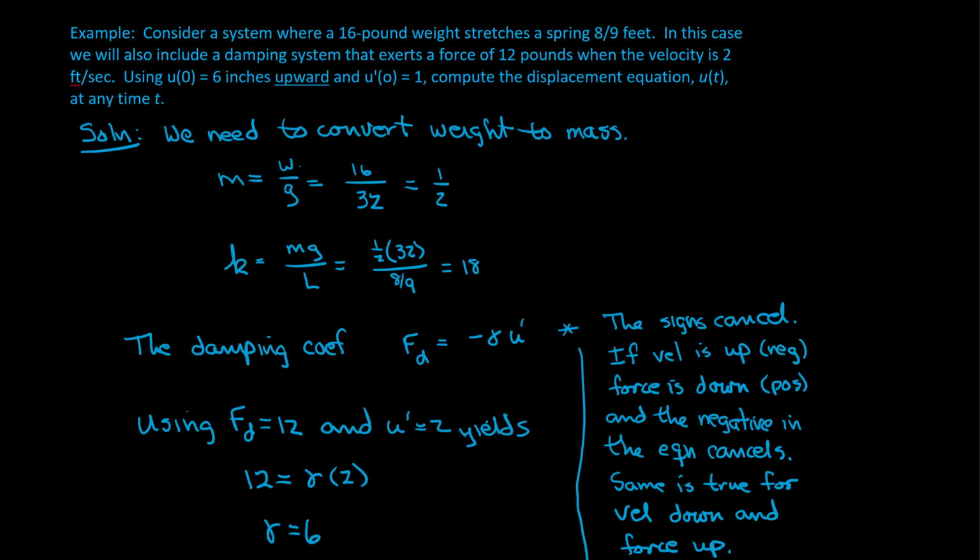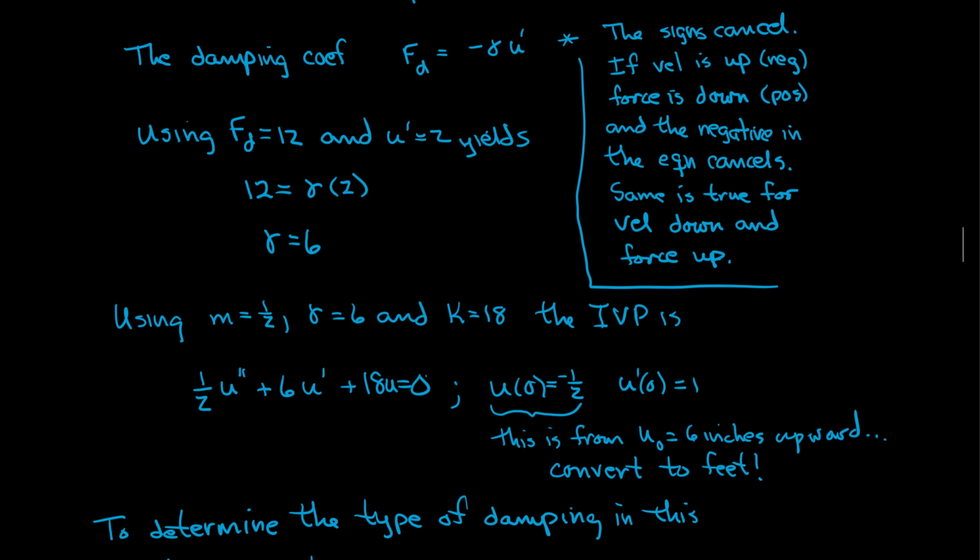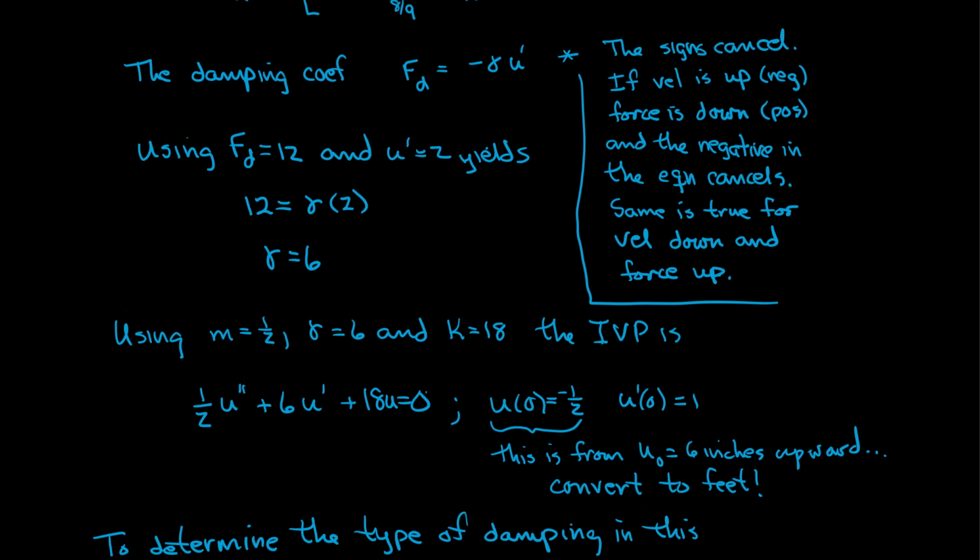Okay, the damping force is going to be the negative of gamma times u prime. Now, something here to realize. Anytime we're actually computing the damping force, the sign on the u prime and the negative at the front are going to wind up canceling each time.